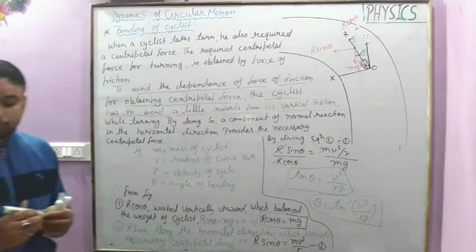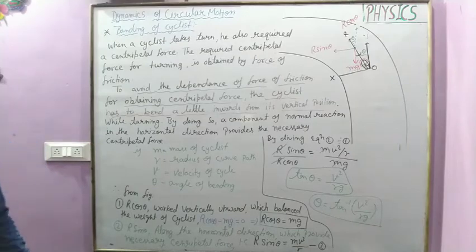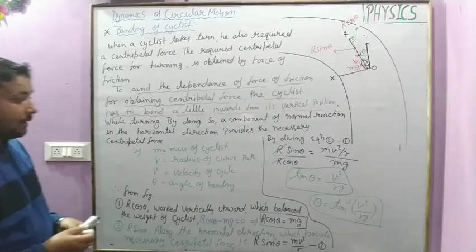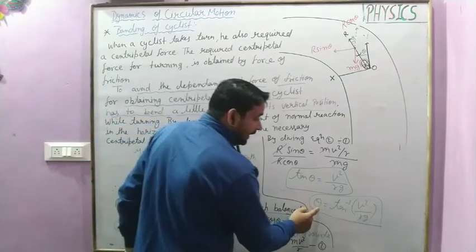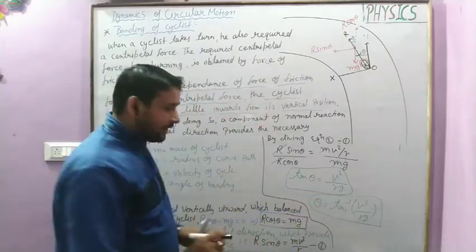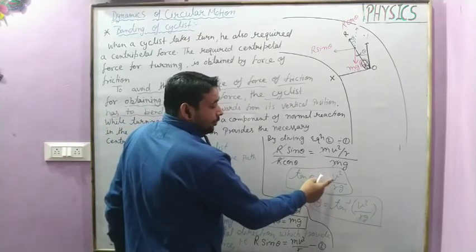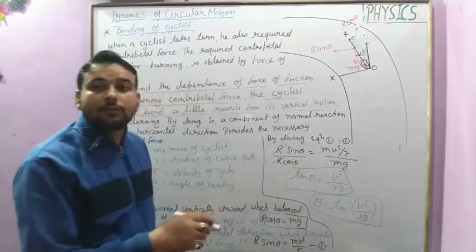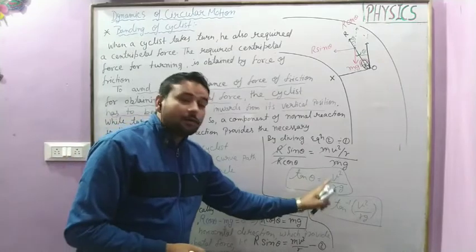Okay, note down this. Here theta depends on g, the acceleration due to gravity, which is constant, but the velocity and r are variable.